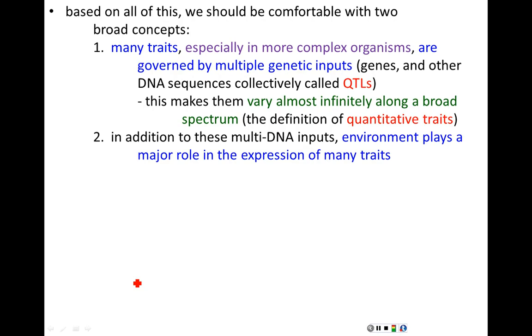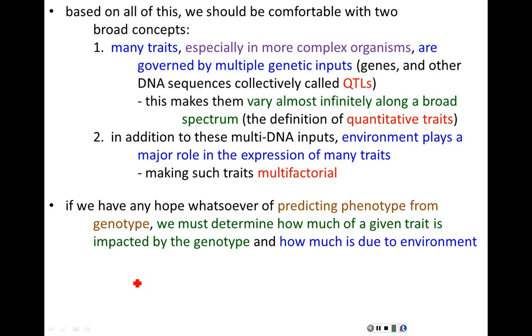In addition to these multi-DNA inputs, these QTLs, we also have to consider environment playing a role in the expression of traits as well. Most traits are multifactorial, made up of a combination of genetic and environmental inputs. If we have any hope whatsoever of predicting the phenotype of an organism from its genotype, we must determine how much of that given trait is impacted by the genetics and how much is due to the environment.